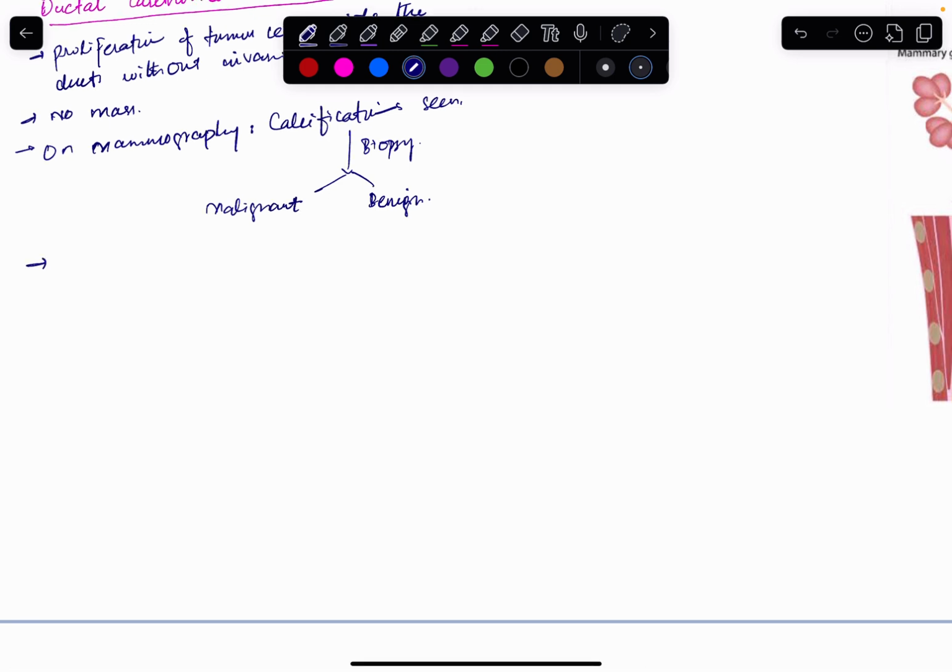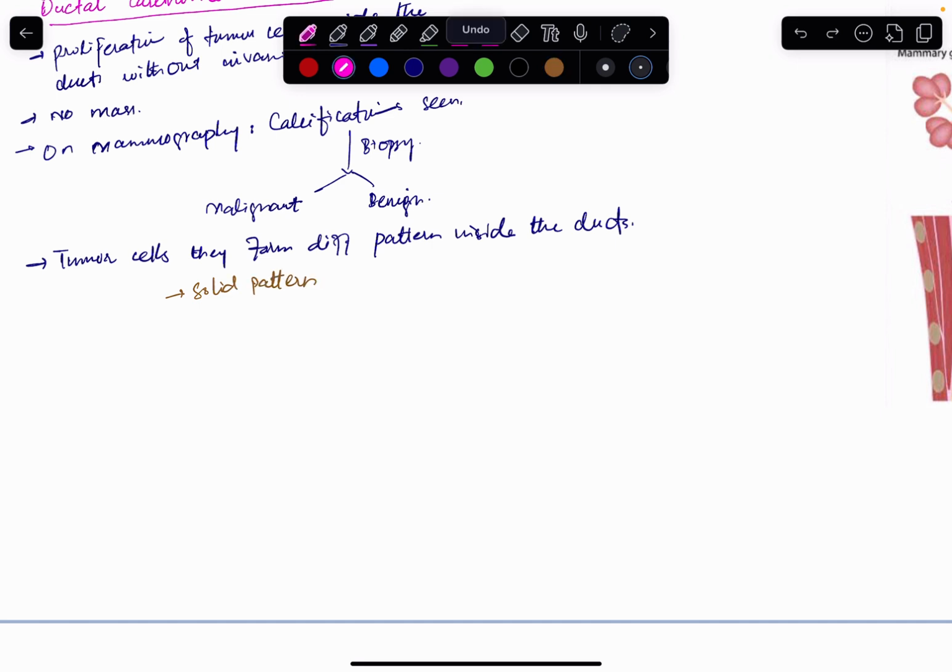Tumor cells form different patterns inside the ducts. First type is solid pattern.